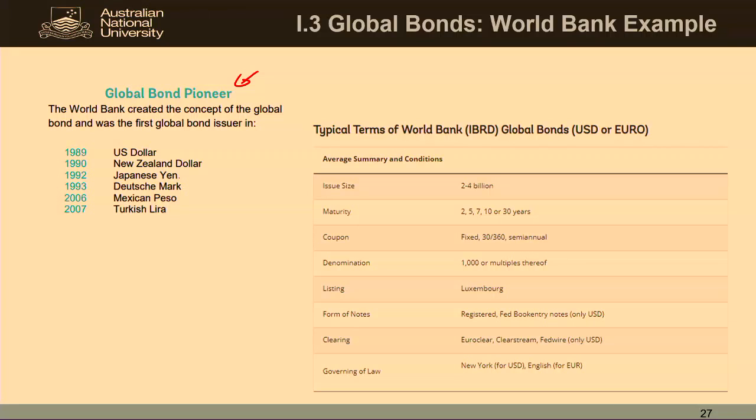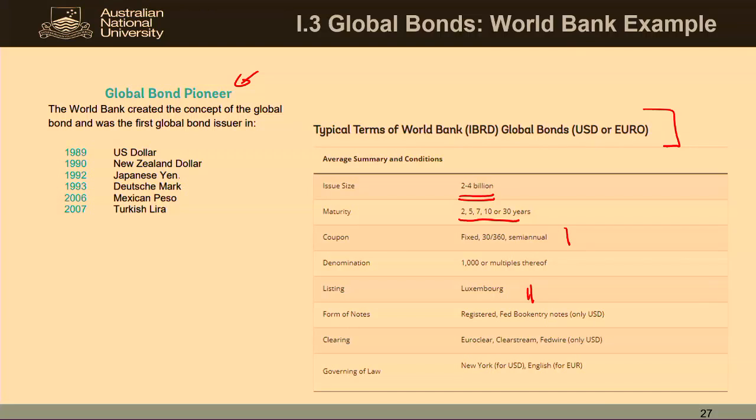And then we see the terms of the bond. The issue size is about 2 to 4 billion, so it's really big. We're going into billions now. And there are several tranches. We are offering maturities of 2 years, 5 years, 7 years, 10 to 30 years. There's the coupon payment specified. It's listed on the Luxembourg Stock Exchange.